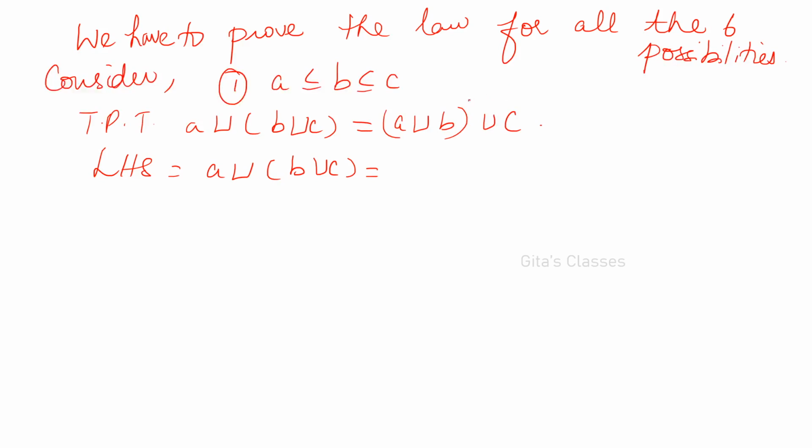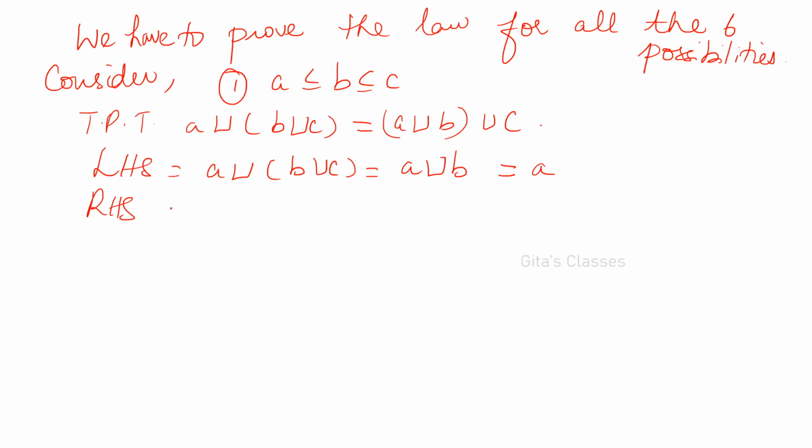Because what is the condition now? We have assumed that b less than or equal to c, right? So what is the minimum of b and c? The minimum of b and c is b. Now the first part is over. Now we got a and b. We know that a is less than or equal to b. What is the minimum of a and b? It is a. Okay, this is LHS.